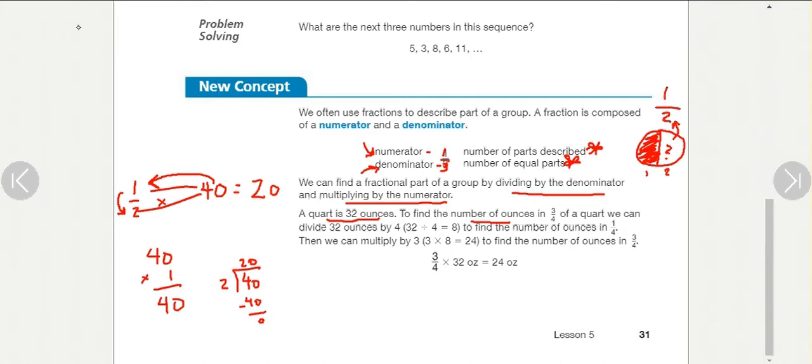So a quart is 32 ounces. How many ounces are in 3/4? I just think of that as 3/4 times 32, or 3/4 of 32. Of and times are sort of interchangeable. So I think of it as multiply 32 times 3. 32 times 3 is 96.